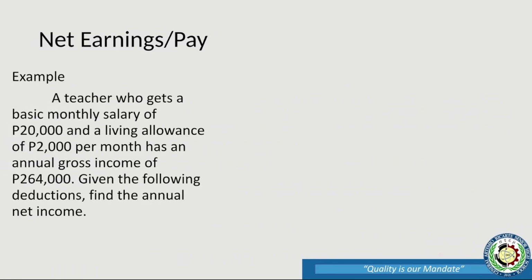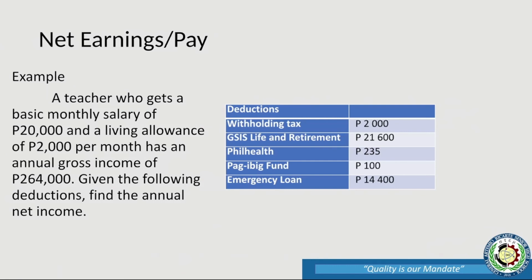Let's have an example for net earnings or pay. A teacher who gets a basic salary of 20,000 and living allowance of 2,000 pesos per month has an annual gross income of 264,000. Given the following deductions, find the annual net income. The total deductions would be equal to 64,020, and the gross income would be equal to 264,000.